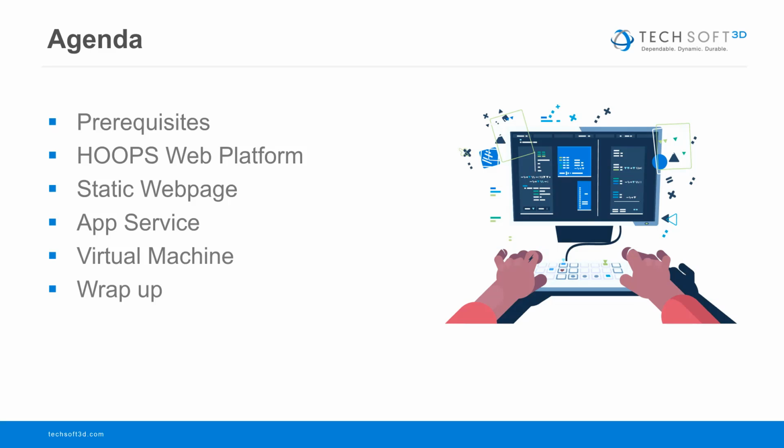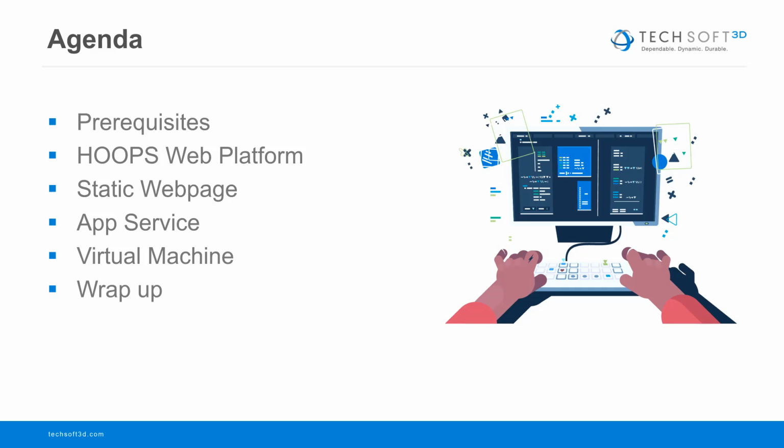We'll talk about prerequisites, the Hoops web platform, specifically Hoops communicator, and then we're going to be writing some code and deploying to Azure. So hopefully you're set up with an Azure account and you'll be able to follow along as well. We're going to look at a couple different instances in which you can push to Azure.